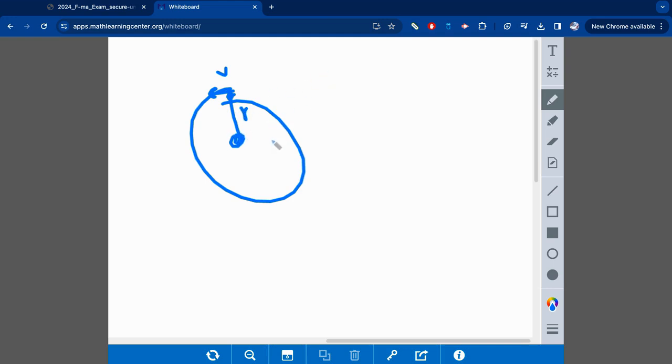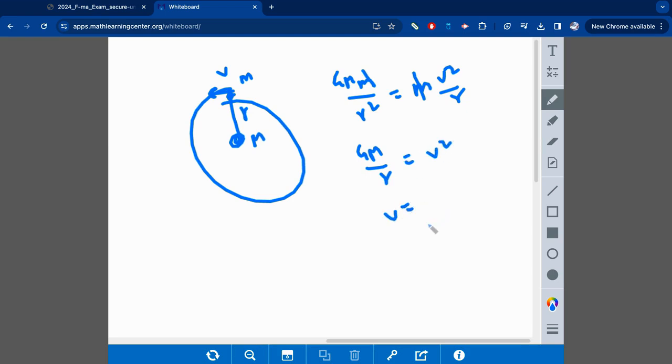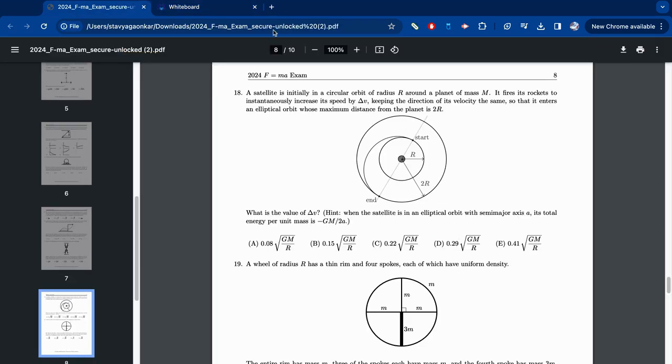If we say that this is m, the force on it is going to be GMm over r squared, which is providing the entire centripetal force necessary for it to stay in orbit. This leaves us with v equals root GM over r. So that's our initial velocity.